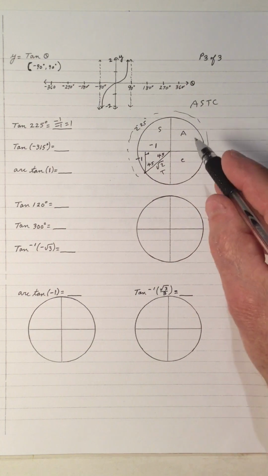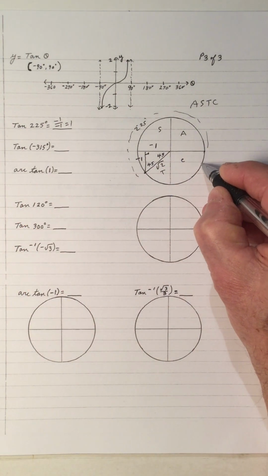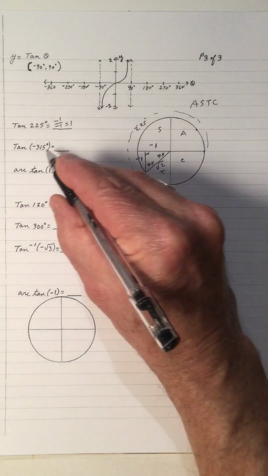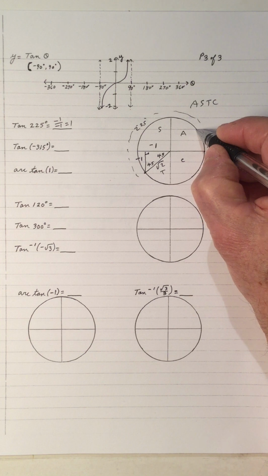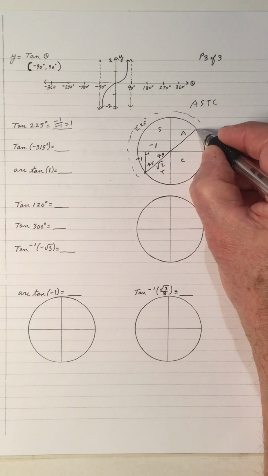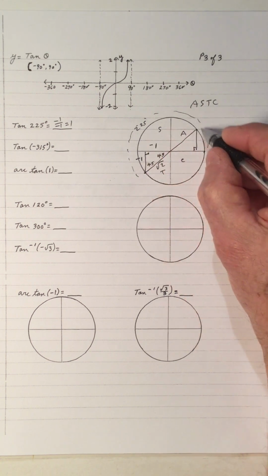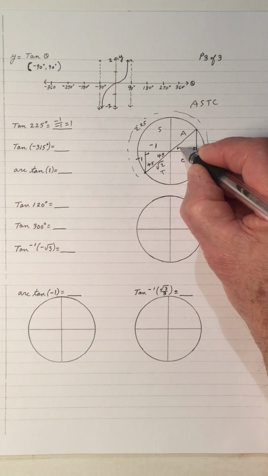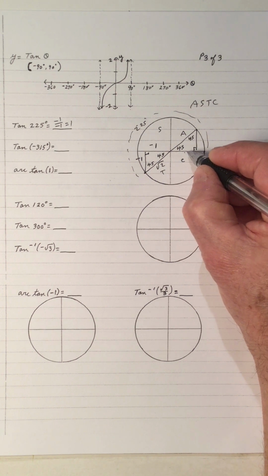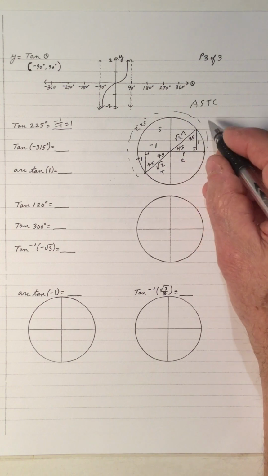So let's look at the angle negative 315. So there's negative 315, starting here, right on around. So we drop a perpendicular to the x-axis, so that's a negative 315. That means this angle here is 45. This is a 1, and a root 2.